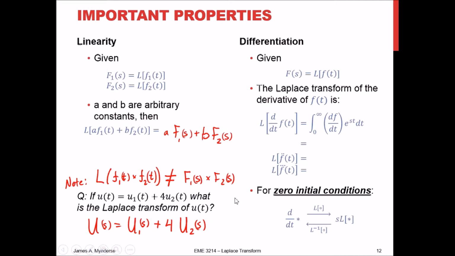So question. If I have u equals u1 of t plus 4 times u2 of t, what is the Laplace transform of u of t? And here's the answer.